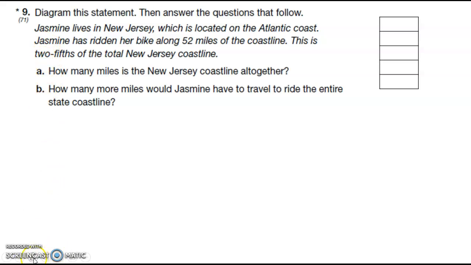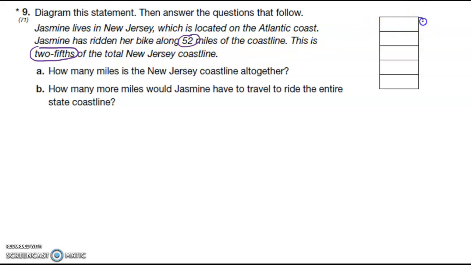All right, let me change colors again. Diagram this statement, then answer the questions that follow. Jasmine lives in New Jersey, which is located on the Atlantic coast. Jasmine has ridden her bike along 52 miles of coastline. This is 2/5 of the total New Jersey coastline. This is something we did yesterday.